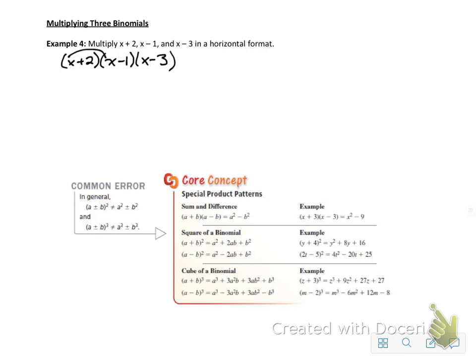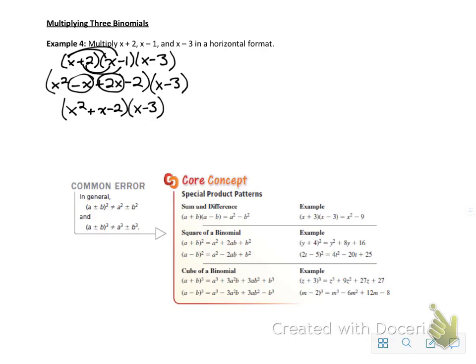So we have x times x is x squared, x times negative 1 is negative x, 2 times x is 2x, and 2 times negative 1 is negative 2. And that's still being multiplied by x minus 3. So we need to combine these like terms that are in the middle, and we get x squared plus x minus 2.